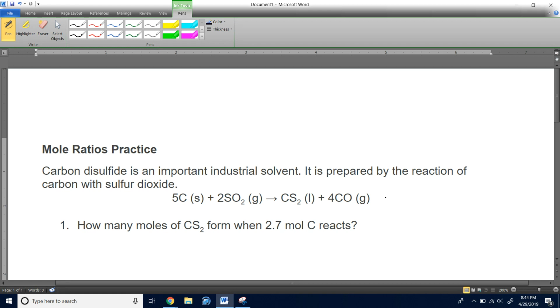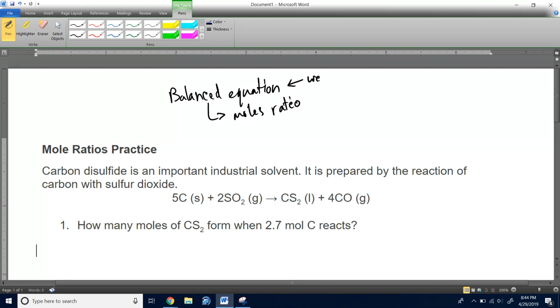Okay, the balanced equation is what's going to help us develop mole ratios. So we need a balanced equation in order for us to develop mole ratios.